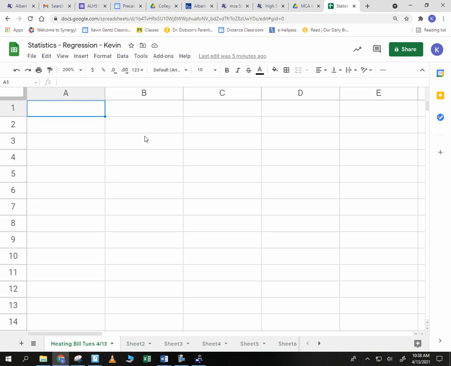And first thing I put up there, I put mean temperature. Second one I put up there, I put heating bill. And I type in my data. 38, 42, 44, 36, 42, 49, 38.